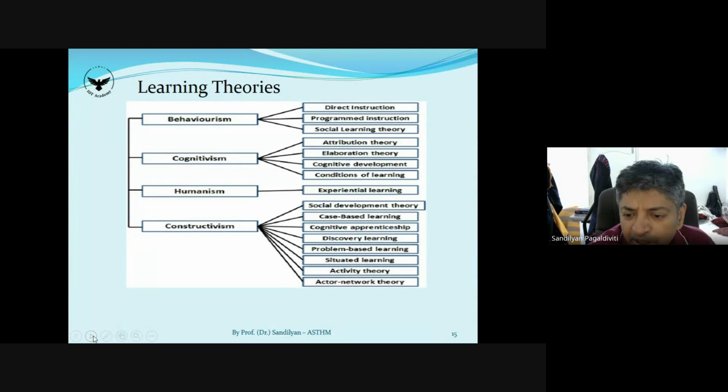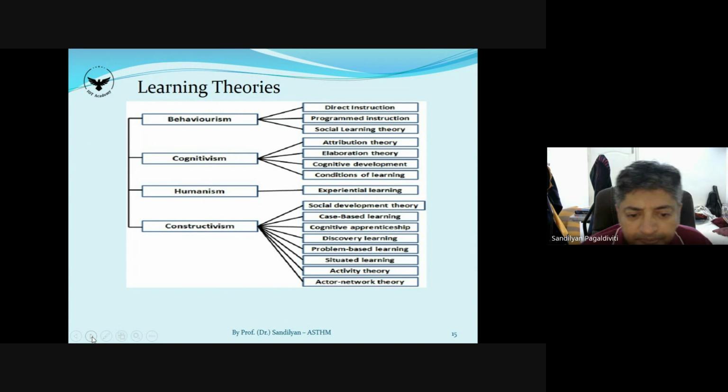Humanism is experiential learning, what happens in the real practical world, learning by experience. And constructivism talks about social development, case study based learning, cognitive apprenticeship to pick up new skills, discovery learning, problem based learning, situated learning, activity theory, and actor network or role play theories.